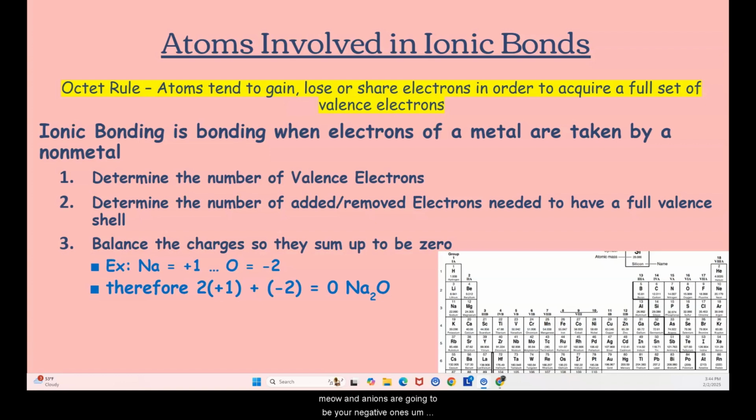And anions are going to be your negative ones, and they will be gaining the electrons. So positive ions lose the electrons, they give their electrons to the anions. And you can determine it a number of ways. You can determine it mathematically or through the Criss-Cross method, which I will be modeling for you now.